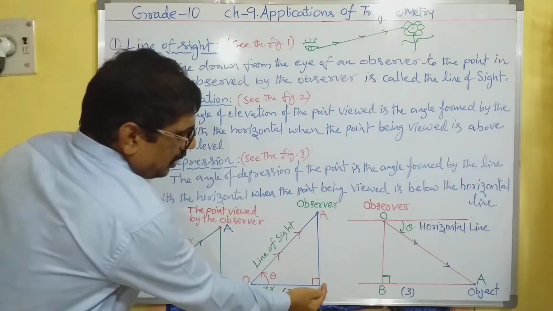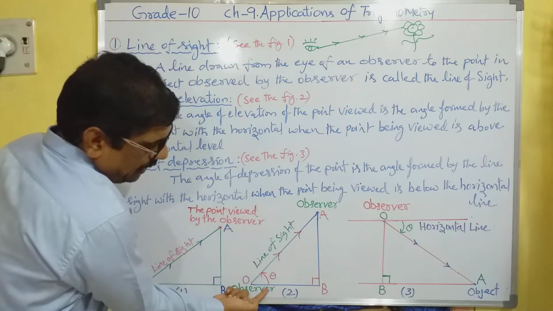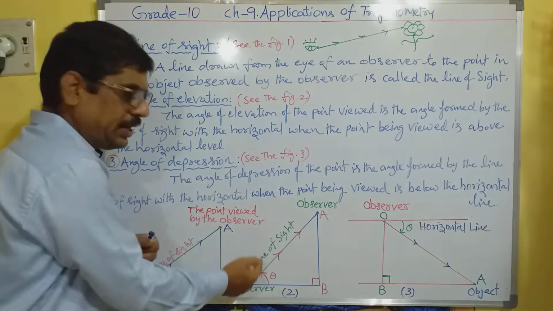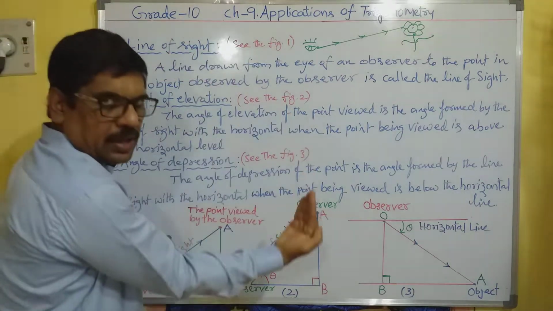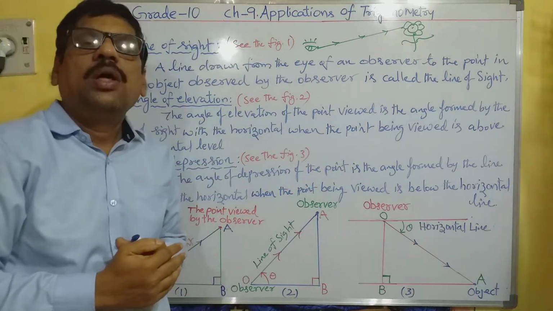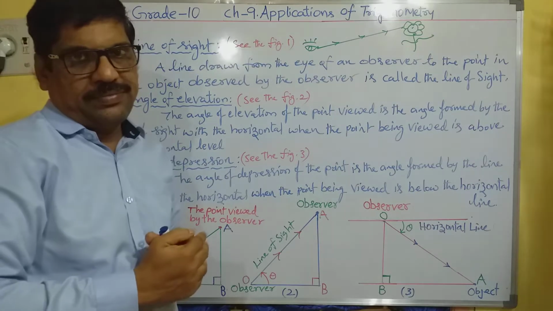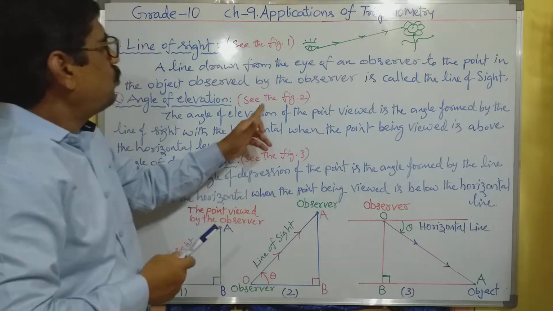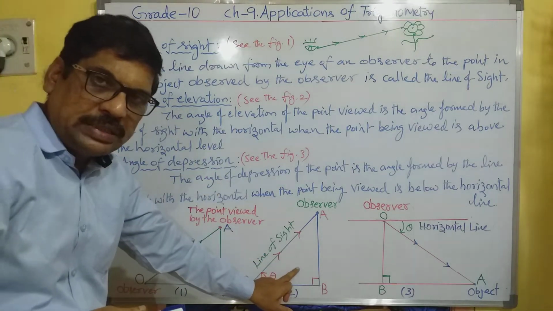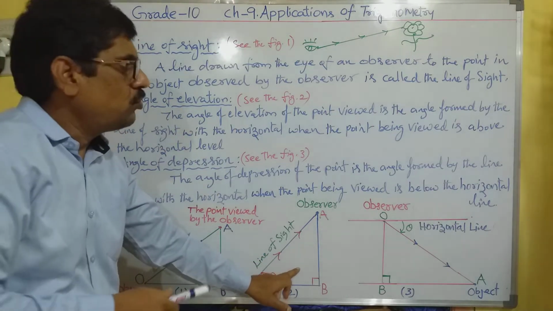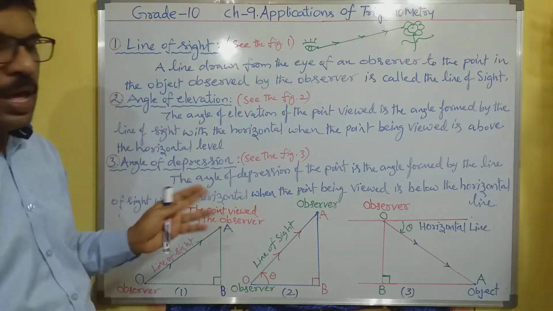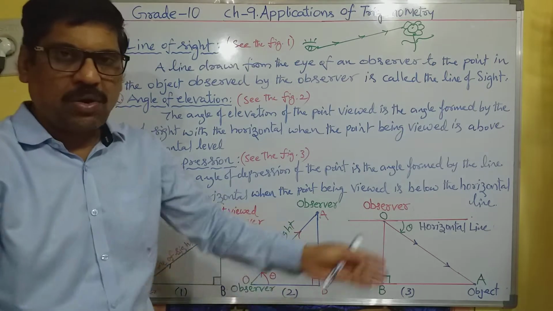See, this is the horizontal line. The angle has been raised upwards to look at the object. The line of sight is above the horizontal line. Then the angle is called the angle of elevation. For this second definition, you have to draw this diagram just beside, on the right side of the definition. As I don't have enough space, that's why I have drawn it like this.